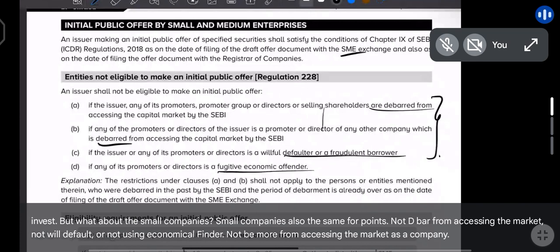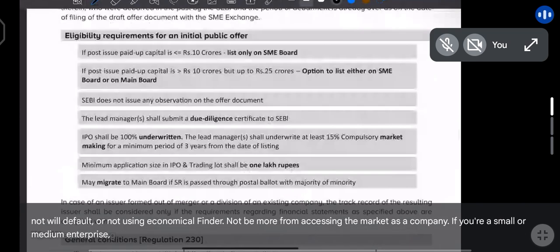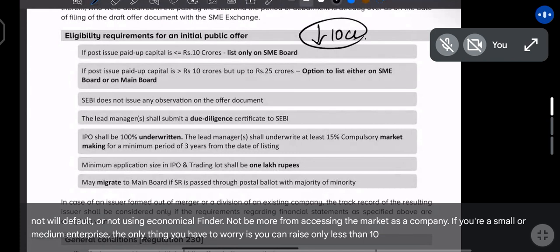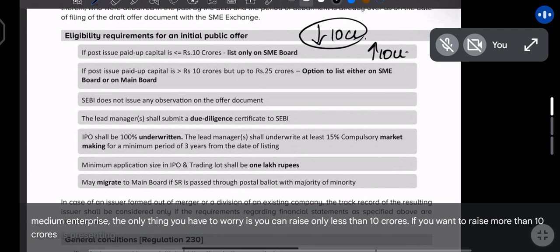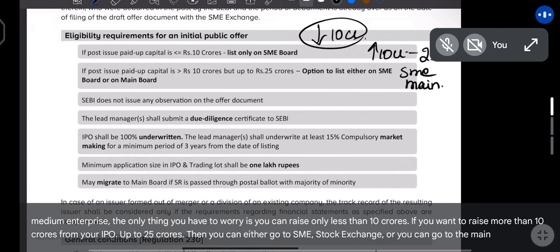If you're a small or medium enterprise, the only thing you have to worry about is that if you raise less than 10 crores, you can only go to the SME board. If you want to raise more than 10 crores from your IPO, up to 25 crores, then you can either go to the SME stock exchange or the main stock exchange.